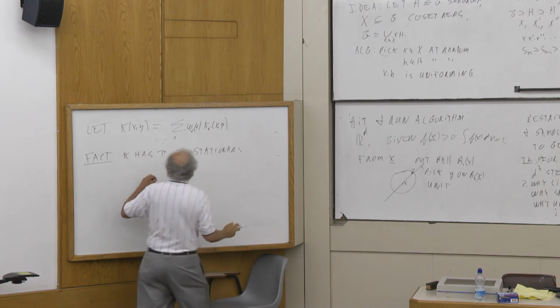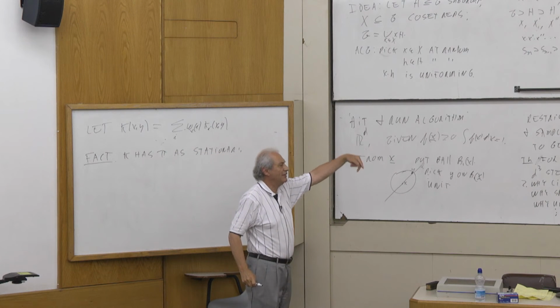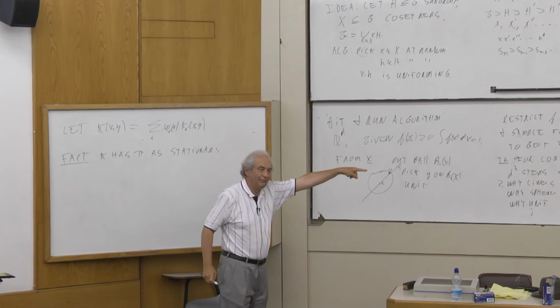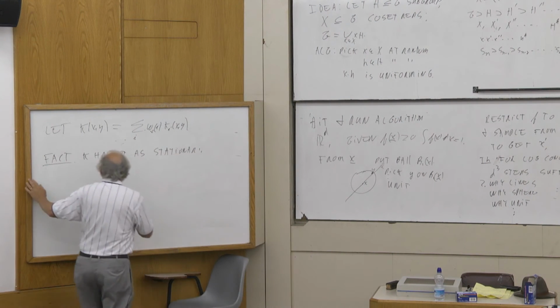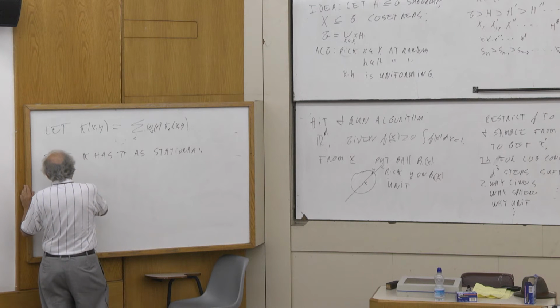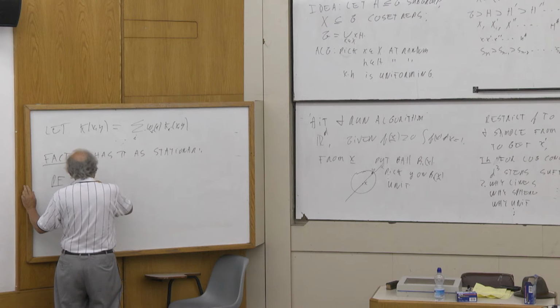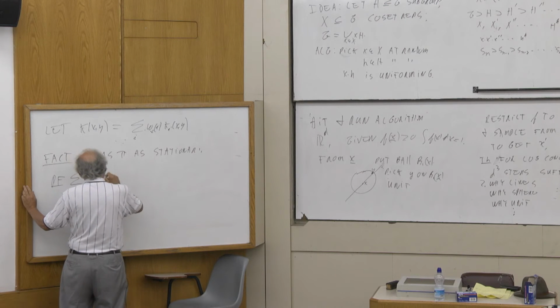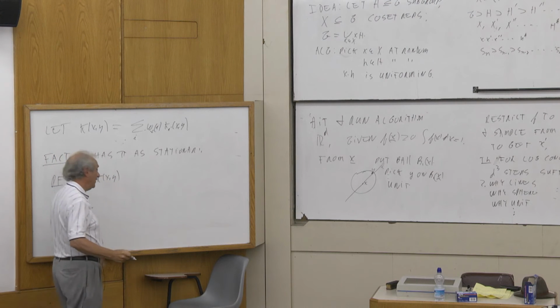And if k_i is reversible with respect to that measure, then this is reversible with respect to pi. But let's just check that proof. The sum over x of pi of x, k of x,y, it's supposed to be pi of y coming out the other side.